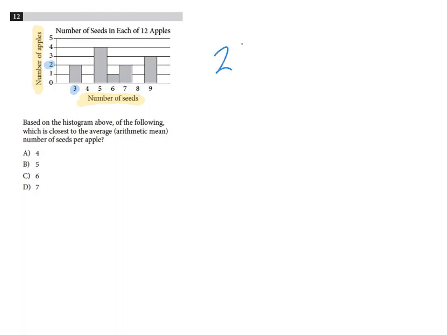Okay, so that's going to be 2 times 3. And then we see that there are 4 apples with 5 seeds. And then there's 1 apple with 6 seeds.